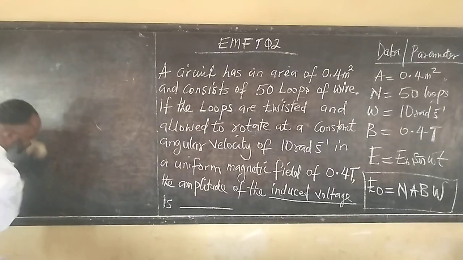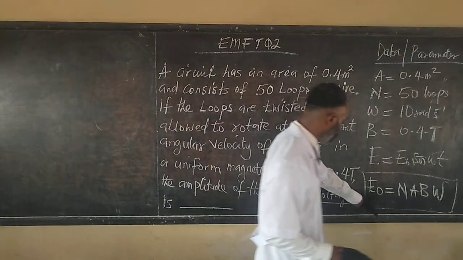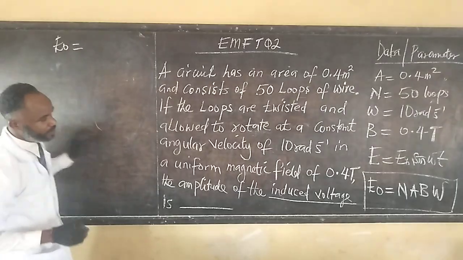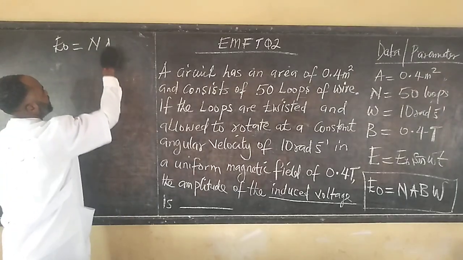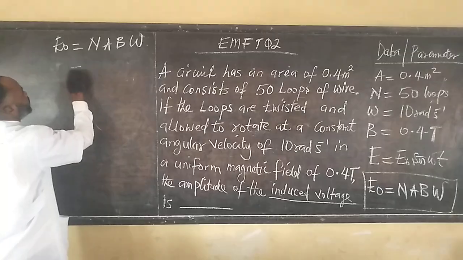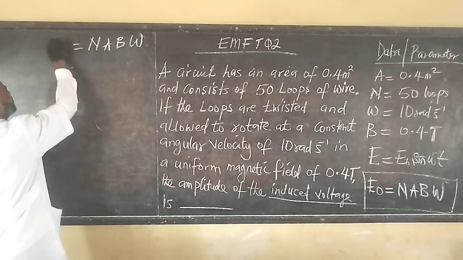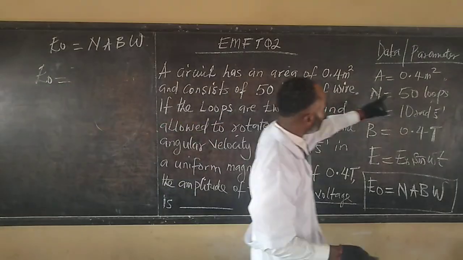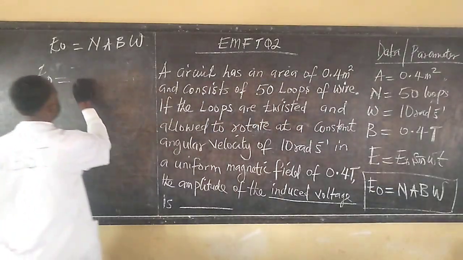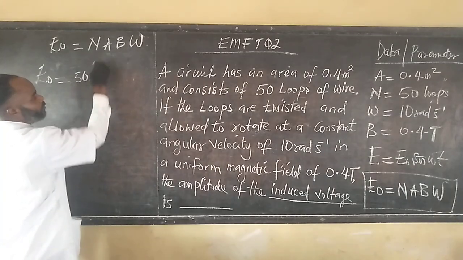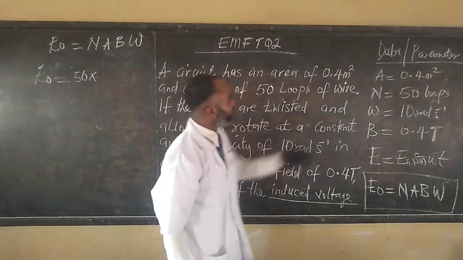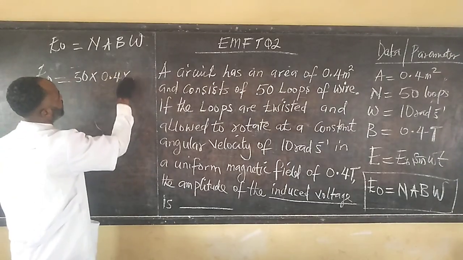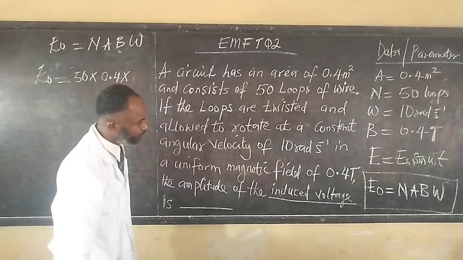Alright, so we are calculating the induced voltage, E naught. E naught is equal to, let's just repeat what we have, N, A, B, and omega. Take enough space. E naught is equal to, for N, we have how many? 50 loops. So we have 50 for N. For area, we have 0.4. And for the magnetic field, we have 0.4 again.